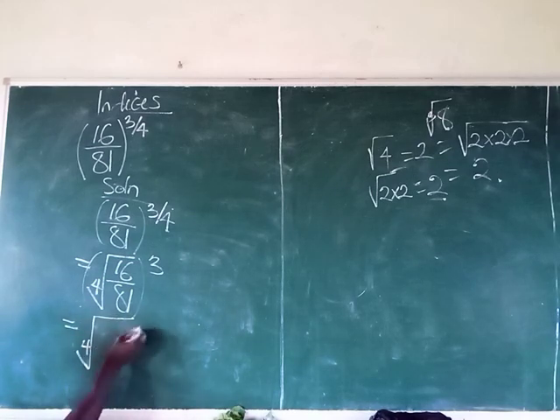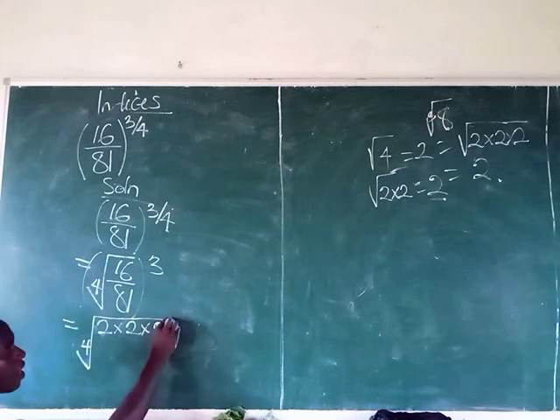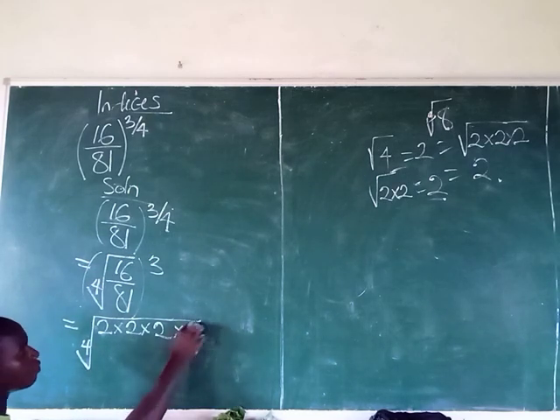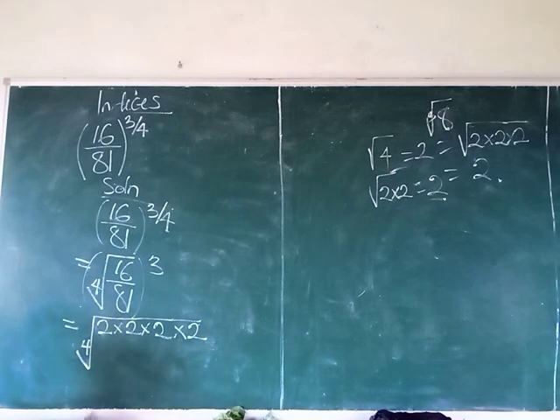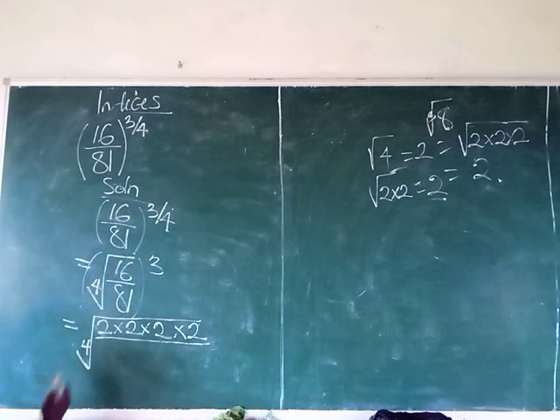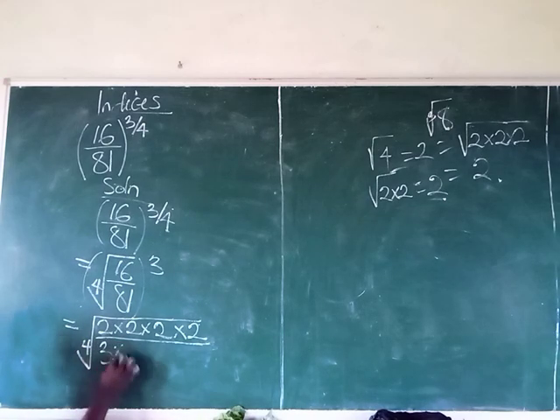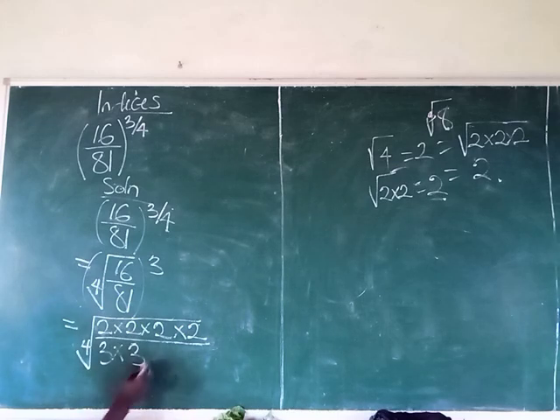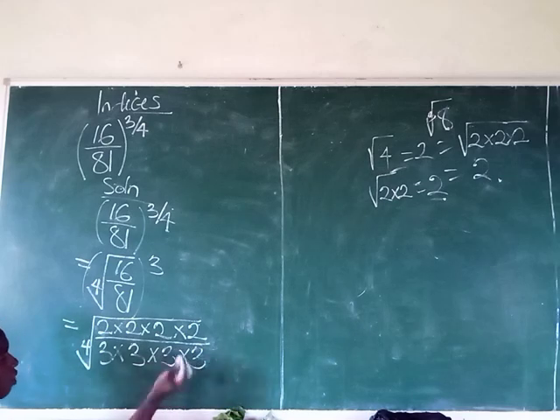And so we have the fourth root. We can say 2 times 2 times 2 times 2, because 2 times 2 is 4, 4 times 2 is 8, and 8 times 2 is 16. So that is the simplification of 16. Then we have 81. That is 3, because 3 times 3 is 9, and 9 times 3 is 27. 27 times 3 is 81.